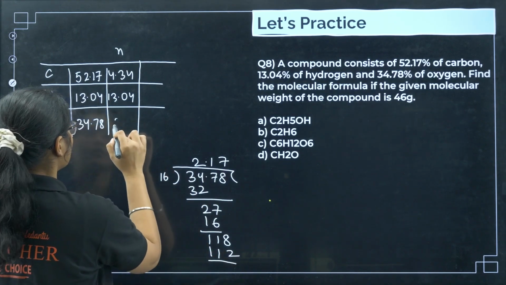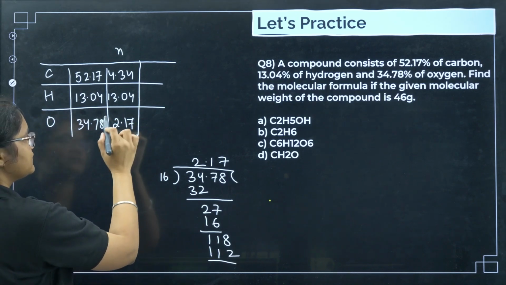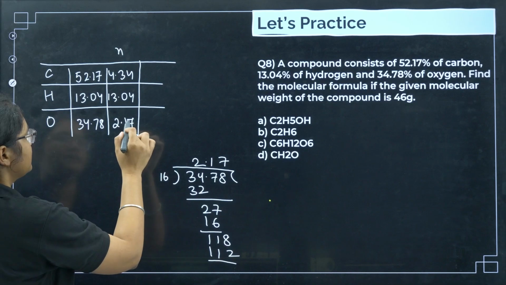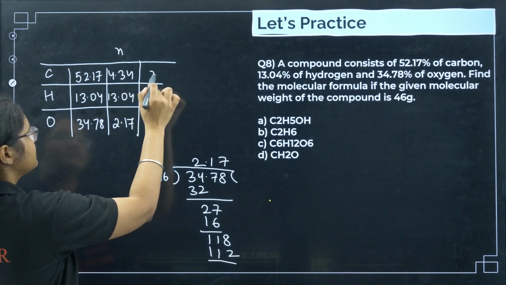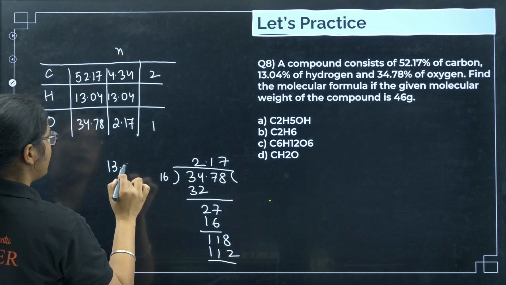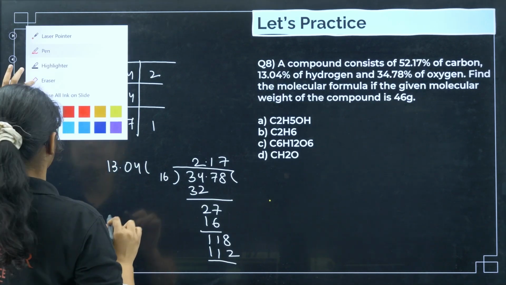Okay, so 2.17. Now what is the smallest number out of this? This is the smallest number. We can divide that into all of them. So I can see that this is exactly divisible, 2 and 1. Now 13.04, okay, and 2.17. Just a minute.